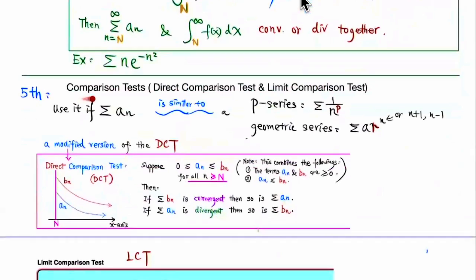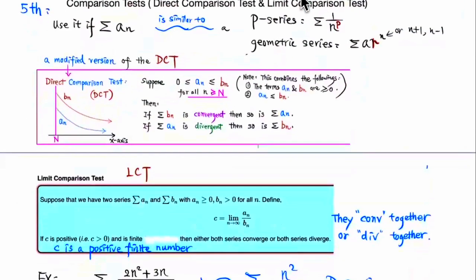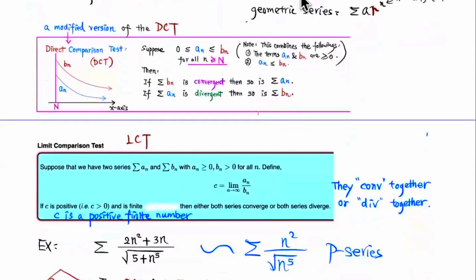And number 5 is the comparison test. We have 2 comparison tests. One is the direct comparison test. One is the limit comparison test. For both of them, the terms have to be greater than or equal to 0. They have to be positive terms. For the direct comparison test, you have to show that Bn is greater than or equal to An.